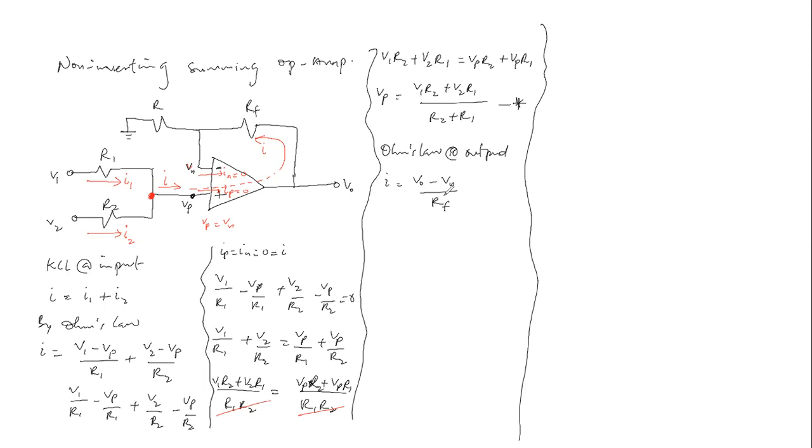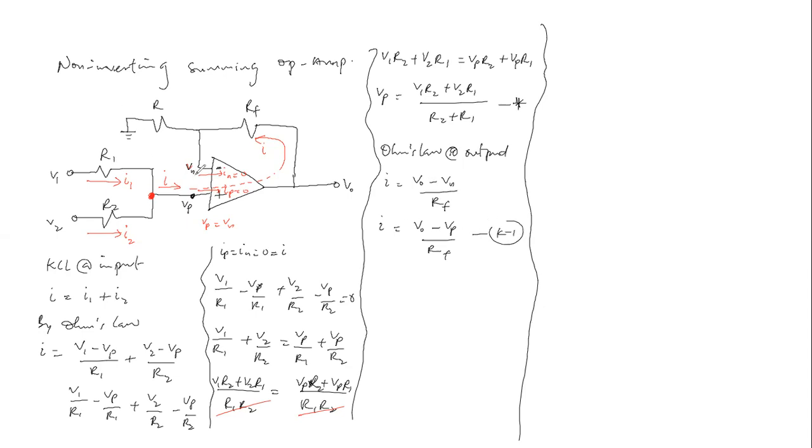And by the voltage constraint, V sub p is the same as V sub n, so we can replace this. So I will be the same as V0 minus V sub p divided by R sub f. Let's say this is equation K1.